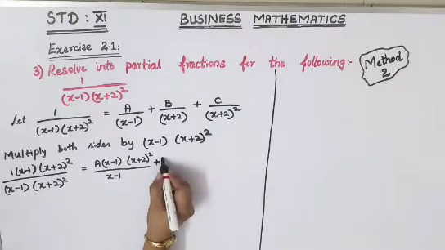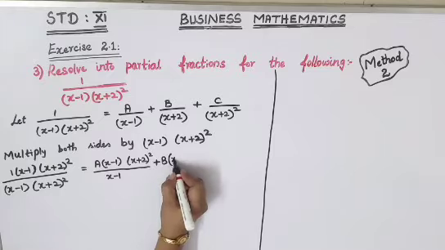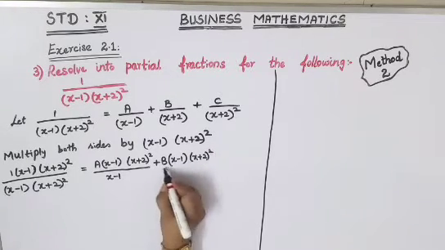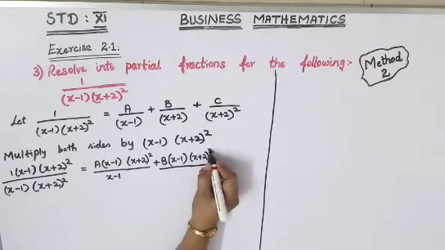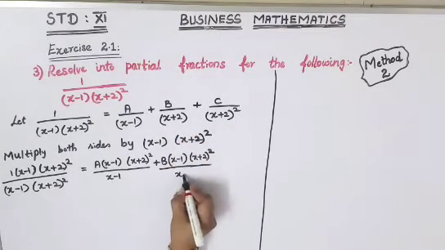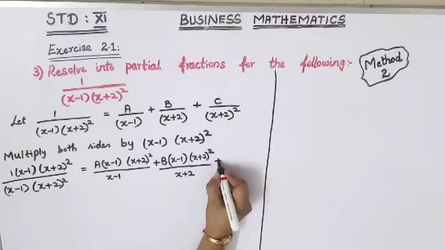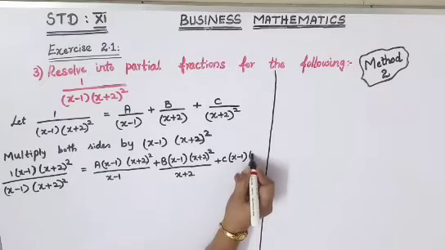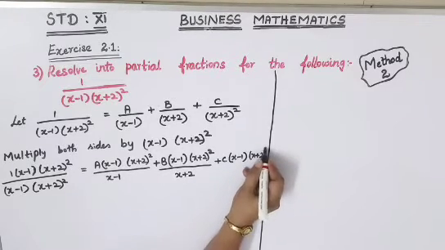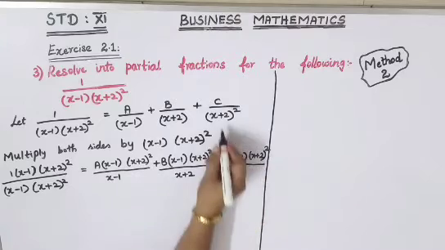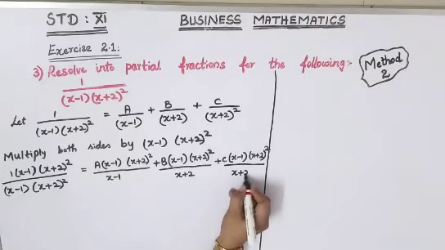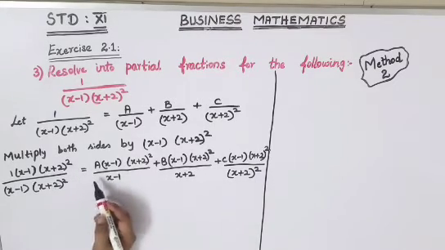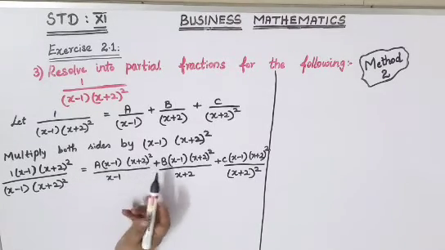Then for b, b into (x minus 1)(x plus 2) the whole square divided by x plus 2. Then plus c into (x minus 1)(x plus 2) the whole square divided by x plus 2 the whole square. So that is the whole equation. Throughout you will have to multiply each term by x minus 1 and x plus 2 the whole square.